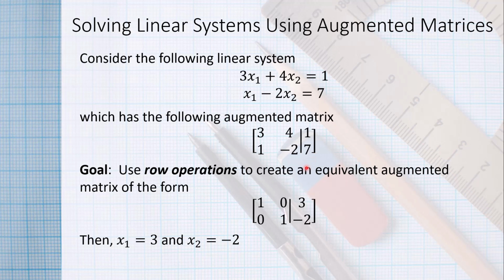And our goal is to get it into this particular form, which is called a reduced row echelon form, because once we have it here, the solution is obvious.